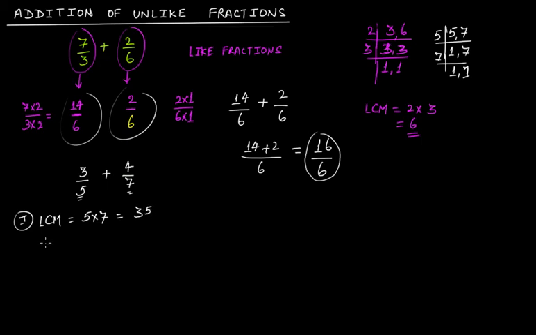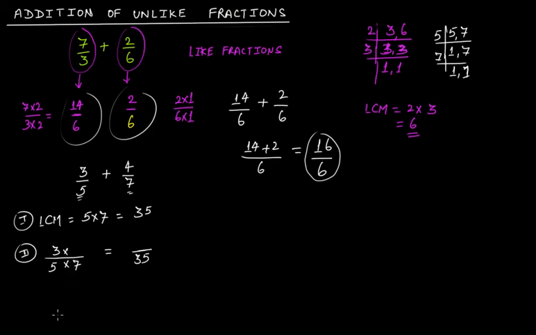The next step is to find the equivalent fraction of 3 by 5 having the denominator as 35. The equivalent fraction of this one should be such that its denominator is 35. By what number should I multiply 5 so that it makes it 35?